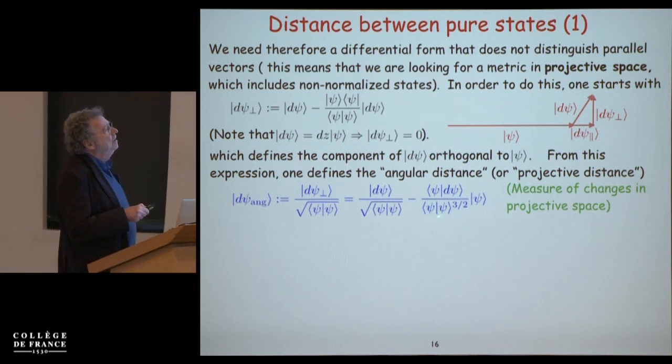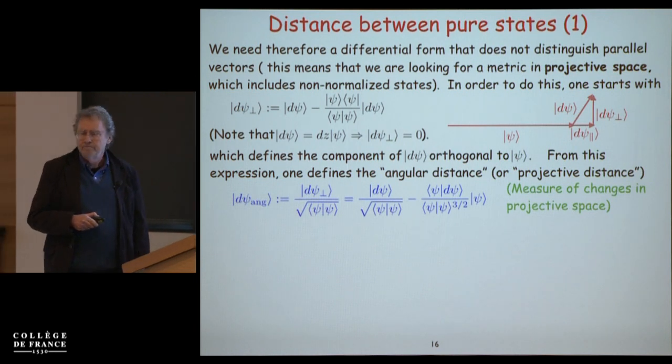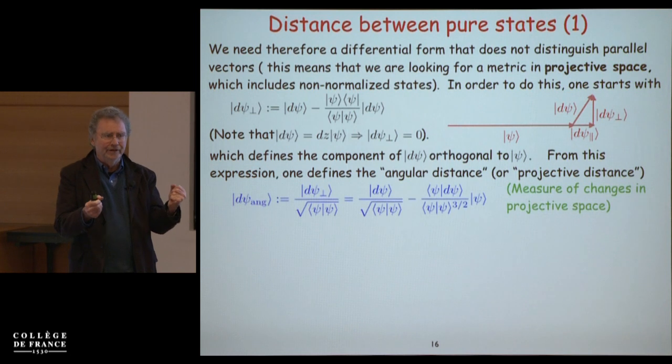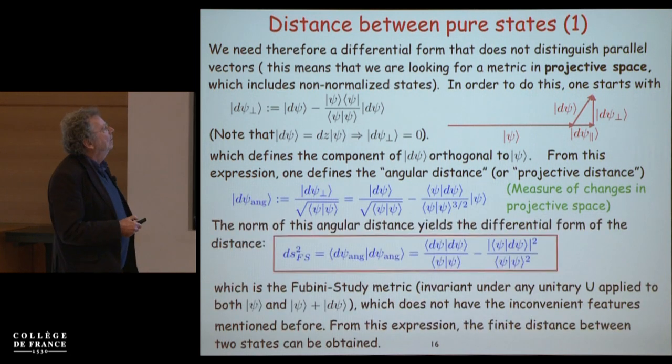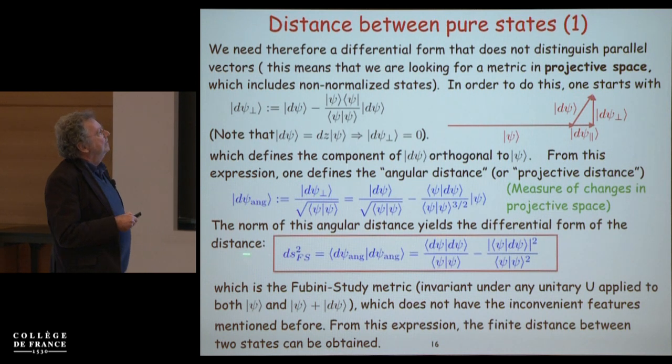And this is a measure of changes in projective space. Okay? Real changes, so that the states really get different. Now we take the norm of this angular distance, and this gives us a differential form of the distance, which is defined in this way. So this is called the Fubini-Study metric.